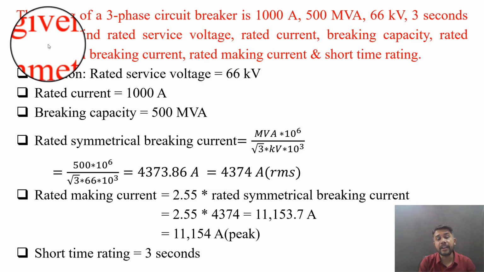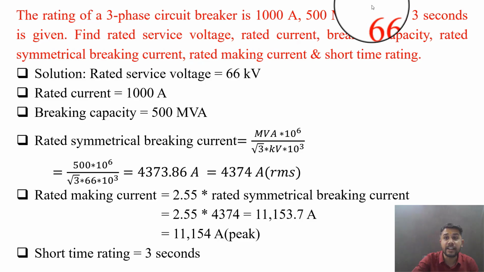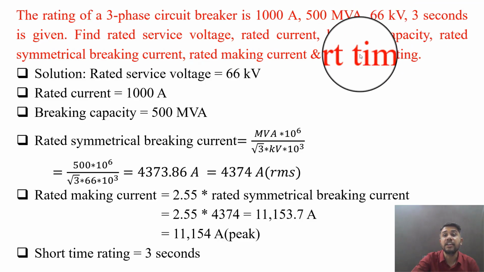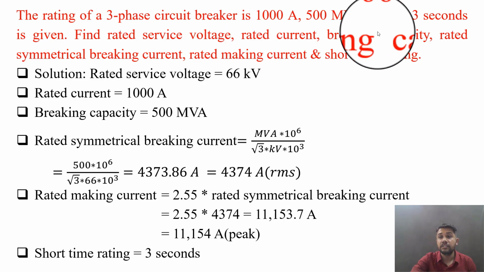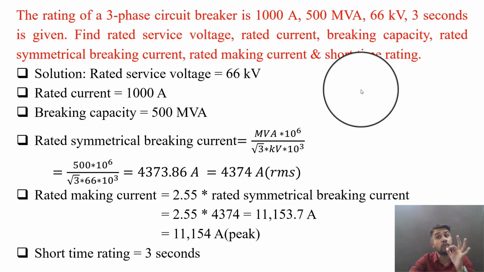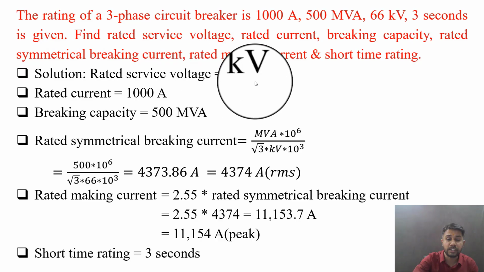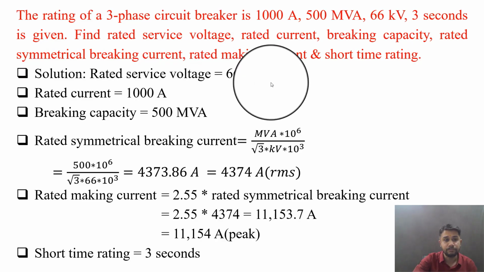This is a numerical for the subject SGP, on the breaker requirements or capabilities. First of all, they have asked the rated service voltage. The service voltage is directly given in the numerical itself. This is 66 kV, so the rated service voltage is the rated voltage available. This 66 kV is the line to line voltage, so rated service voltage is 66 kV line to line.